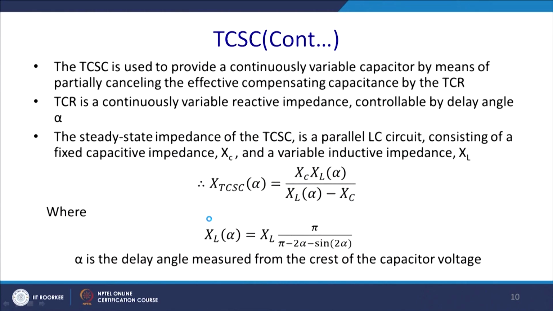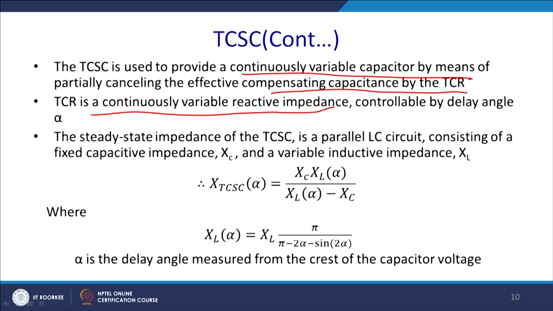The TCSC is used to provide a continuously variable capacitor by means of partially cancelling the effective compensating capacitance by the TCR. TCR is a continuously variable reactive impedance controlled by the delay angle alpha.